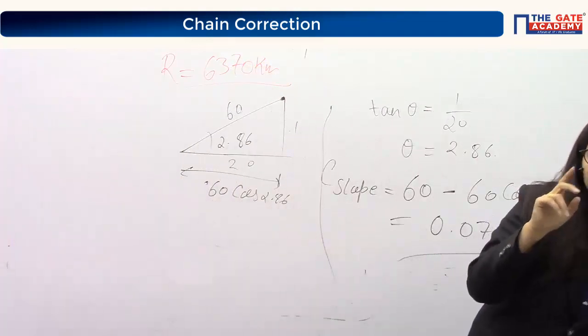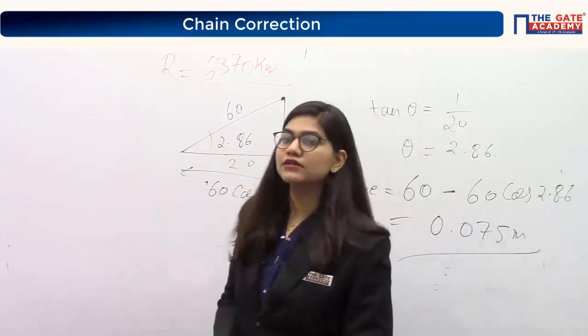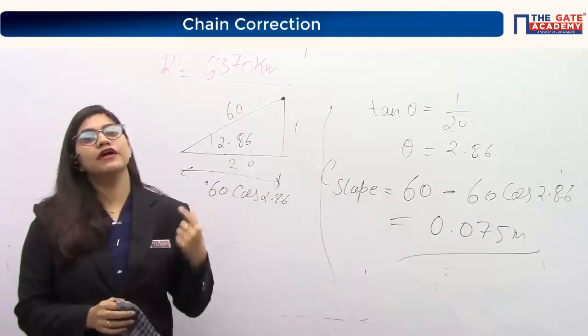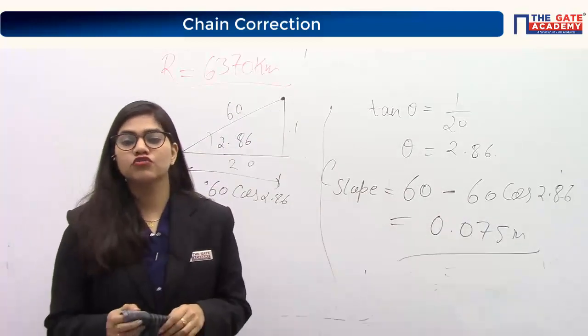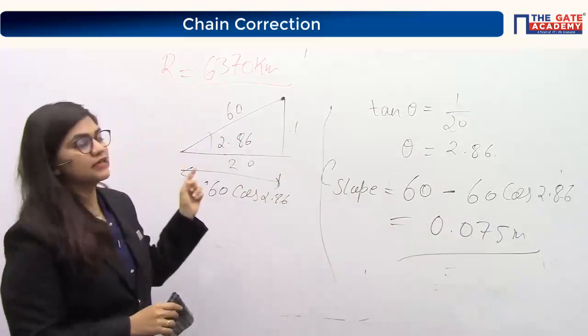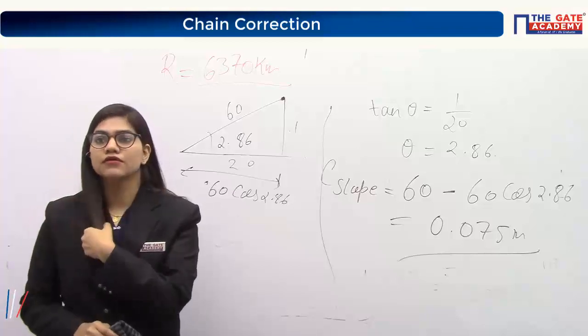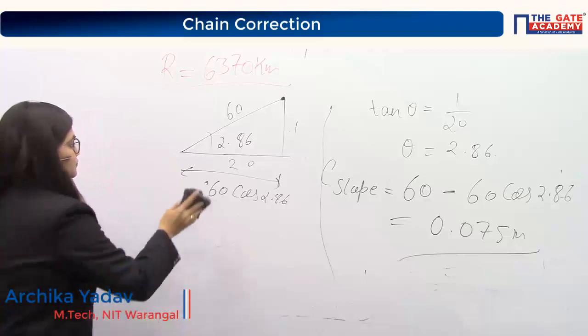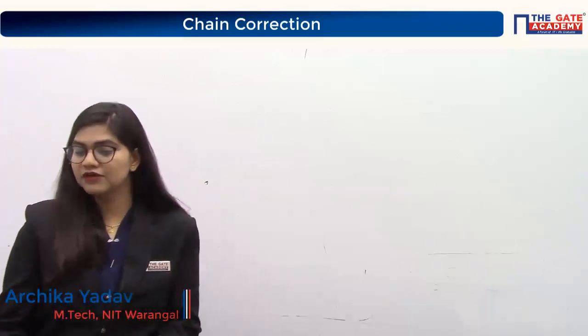6370 kilometer is the exact radius of the earth and 6400 is the approximate one. So whenever it is not given in the question, you will use 6370 kilometer only, instead of 6400. So everybody knows the formula.